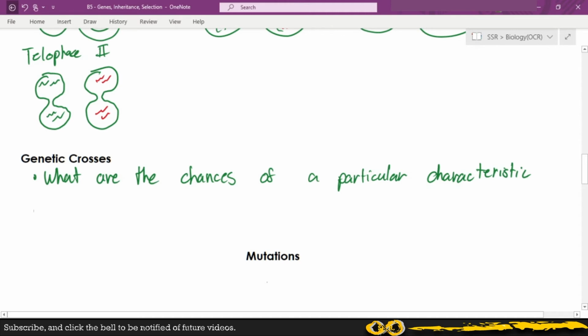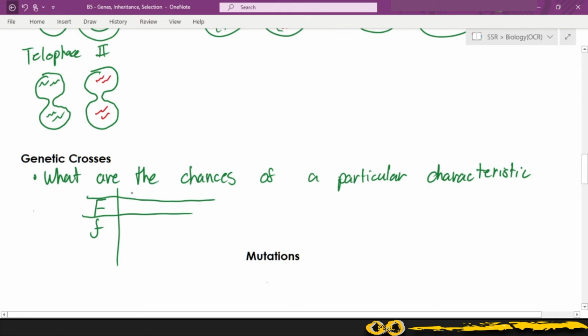Let's use an example of cystic fibrosis, where you have true heterozygous parents for the alleles, and it's the recessive allele that causes the disease. We show the recessive allele with a small letter and the dominant allele with a large letter. You would do either a Punnett square like this, or you may do a genetic map, and what you'll do is you'll see what the cross actually is.